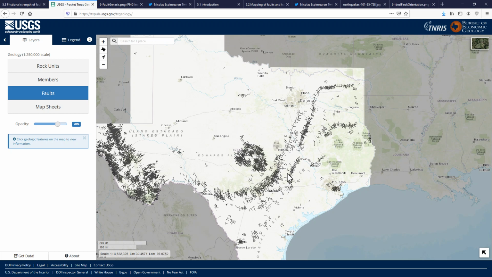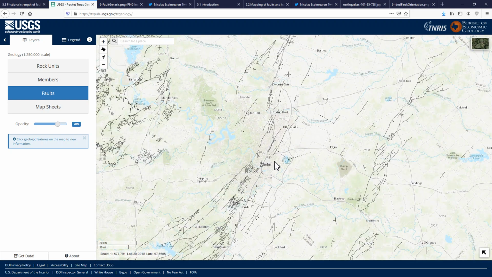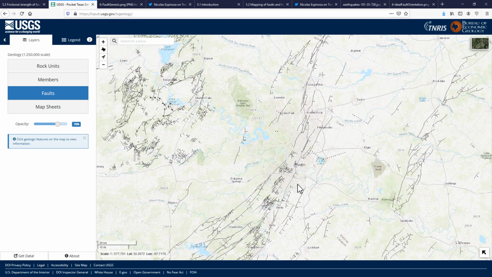My point is that you should think about the Earth crust as an already broken geological formation, where those discontinuities are made of faults and fractures.